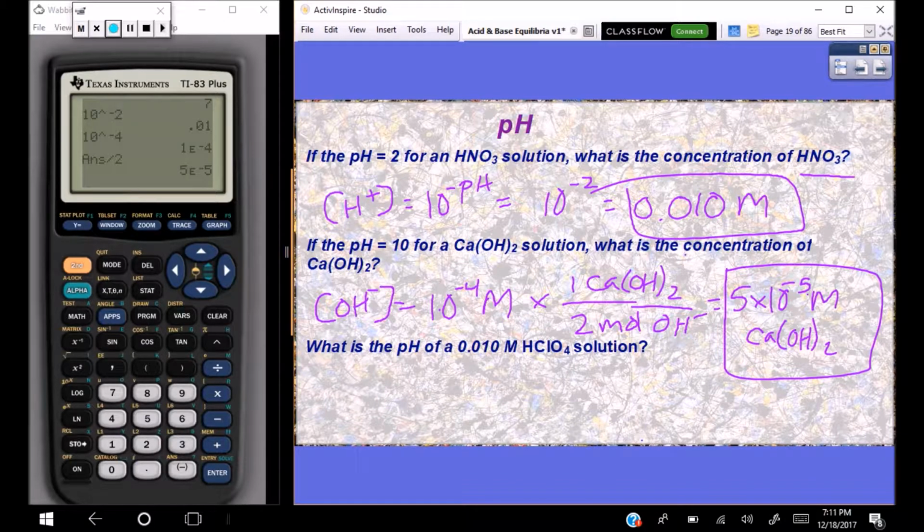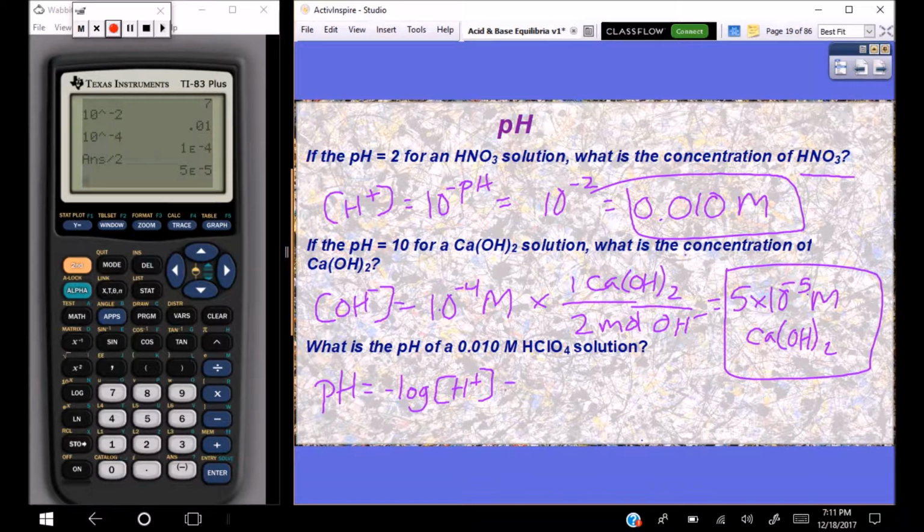Okay. Well, we know pH is equal to negative log of our H plus concentration. Thankfully, our ratio is 1:1 here.